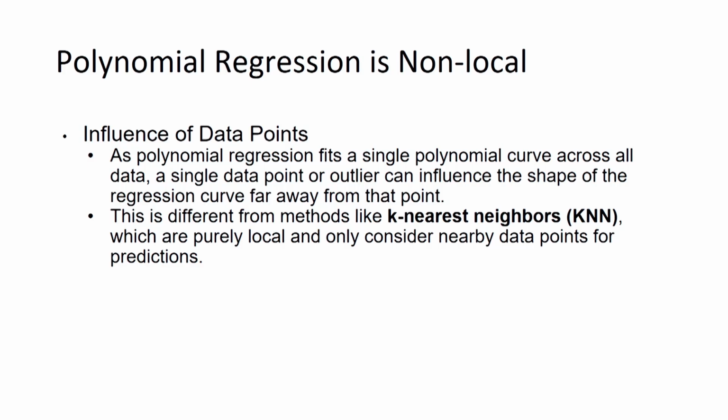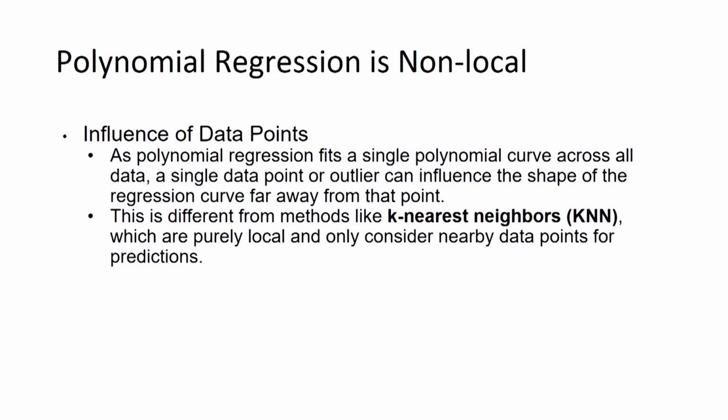We need to decide what degree of polynomial to take in our model, because if we take a large degree, there may be a chance of overfitting, and if we take a low degree polynomial, you may not be able to capture the actual relationship between y and x, or the complex patterns in your data.